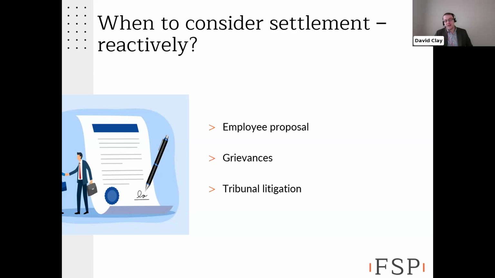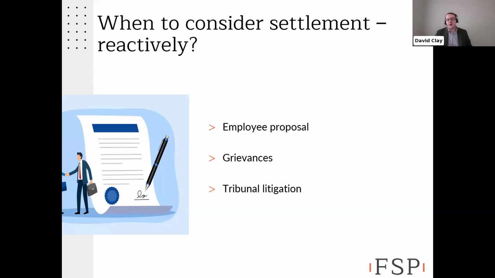And I think one important thing to remember with tribunal claims is you sometimes get this sort of scattergun approach from employees. They'll chuck a load of mud at you and hope something sticks, bringing a big range of claims, but they only have to win once for that to open the door to financial remedies.